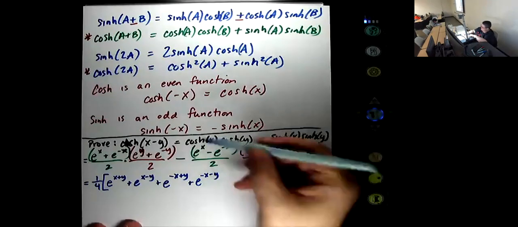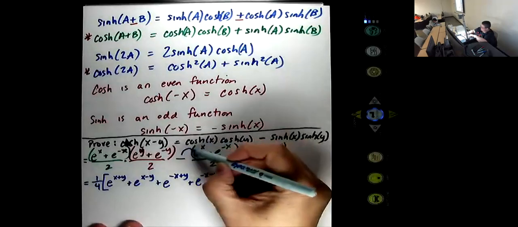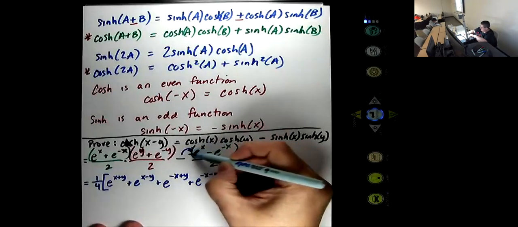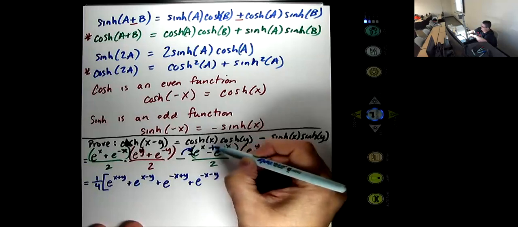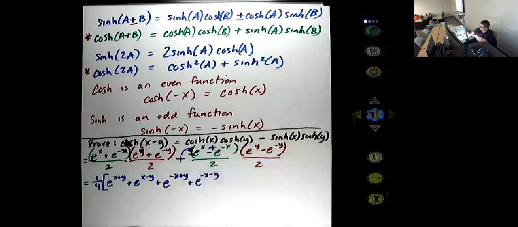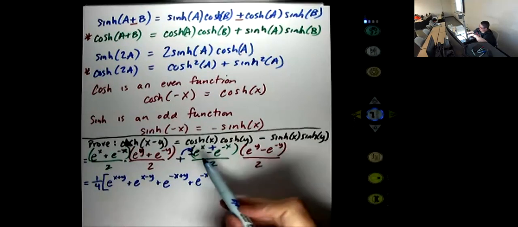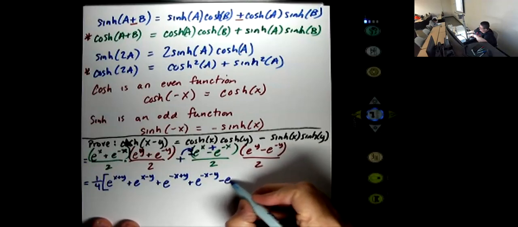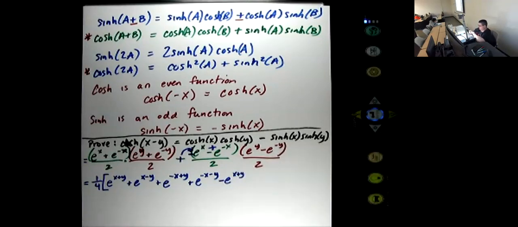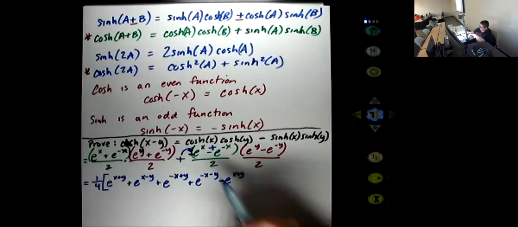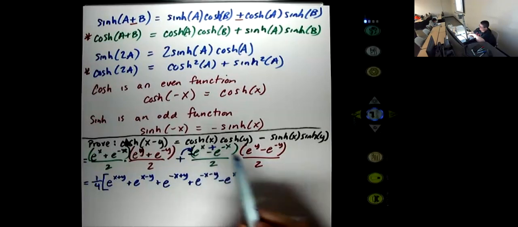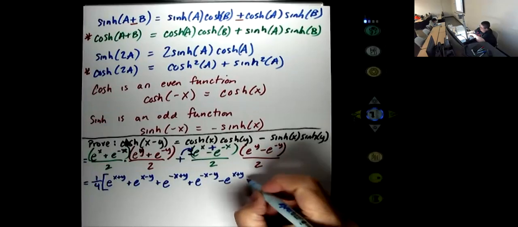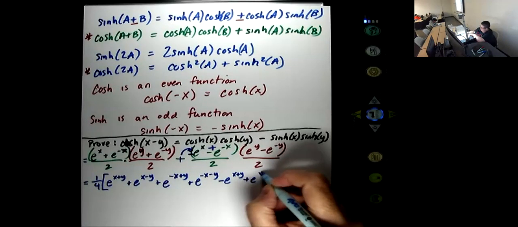All right, I'm going to distribute this negative into the first parentheses. So that'll make that negative and that becomes positive. So now it's a little easier to track. I've got negative e to the x times e to the y is negative e to the x plus y. And then I multiply the last two. I've got negative e to the x times negative e to the negative y becomes plus e to the x minus y.